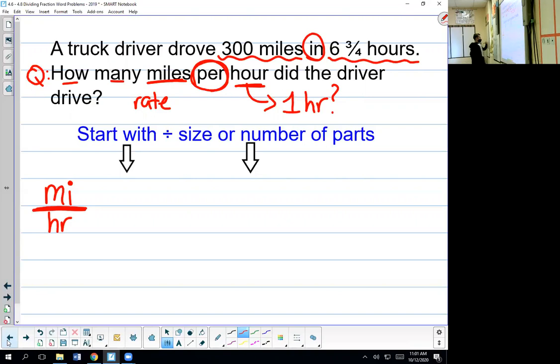Okay. So it's a mile per hour, right? This is per division. You got this answer?